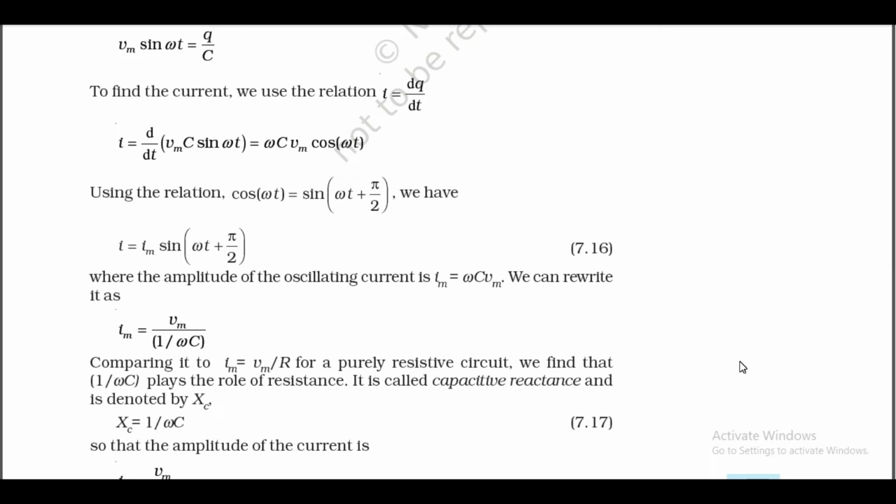Using the relation cos ωt = sin(ωt + π/2), we have i = im sin(ωt + π/2), where the amplitude of the oscillating current is im = ωC vm. We can rewrite it as im = vm divided by (1/ωC).